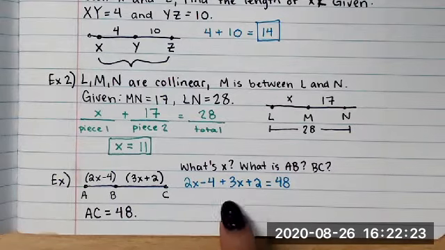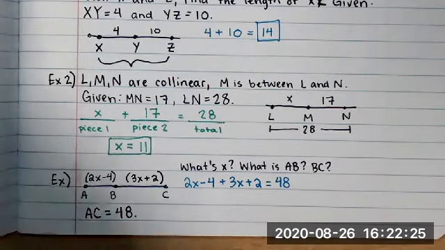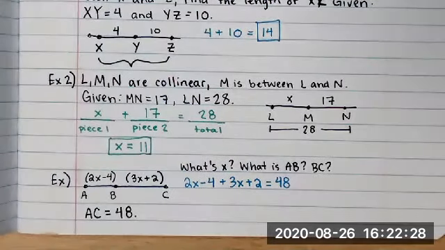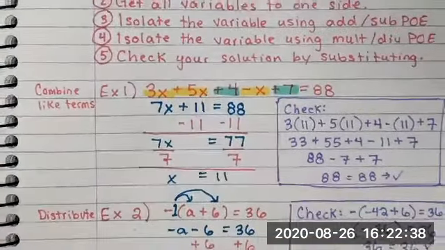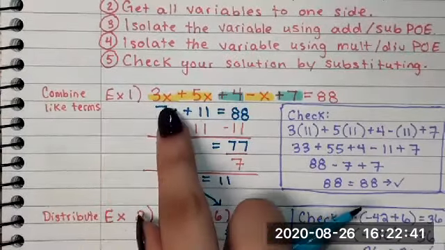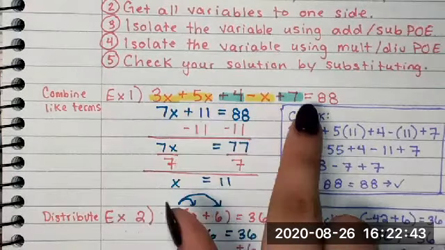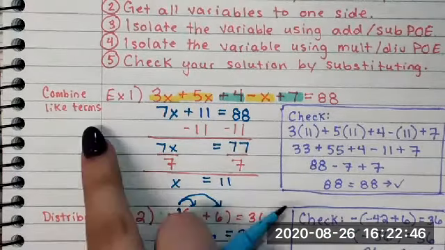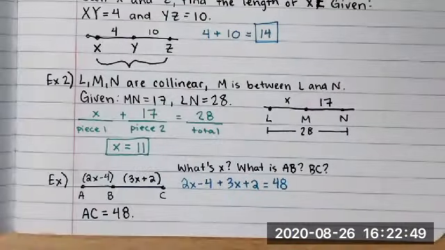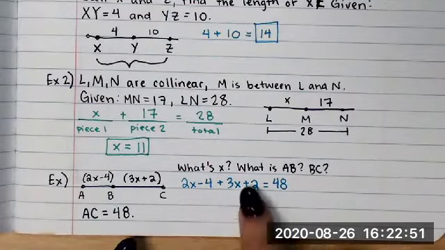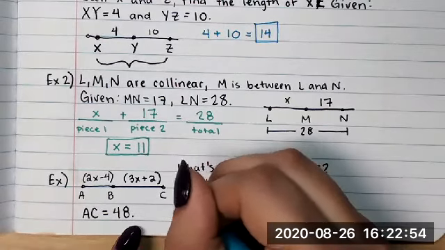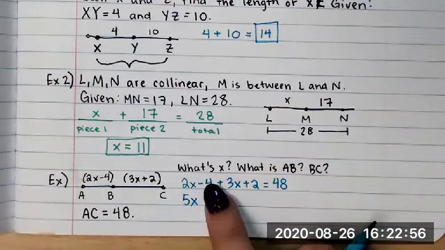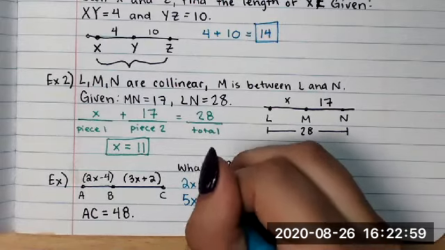And now this is looking a lot like one of the problems when we had our multi-step equations, the one where we had to combine like terms, where we had a bunch of stuff on one side. So we need to combine our like terms. So 2x plus 3x makes 5x, and negative 4 plus 2 is negative 2.